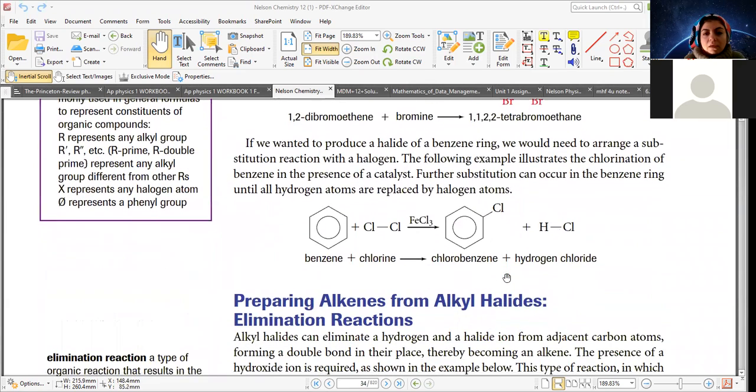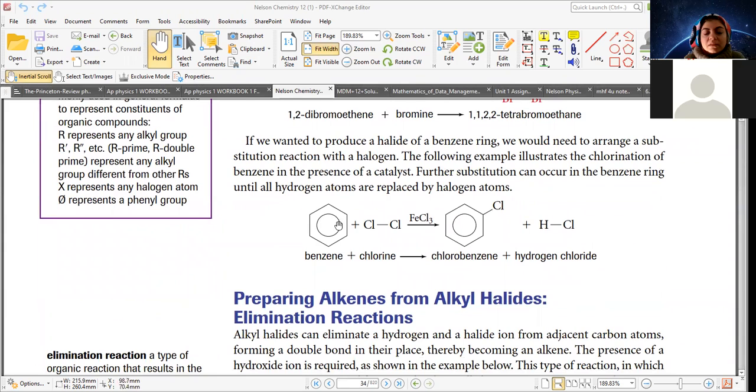No. Now here's a benzene ring with Cl2. You know there is a hydrogen at each edge of this carbon. This is carbon, and you have a hydrogen here. You have hydrogen at the other places, I'll just show one. But this hydrogen will be substituted by that. And then you have the benzene ring with the Cl and HCl as a product.